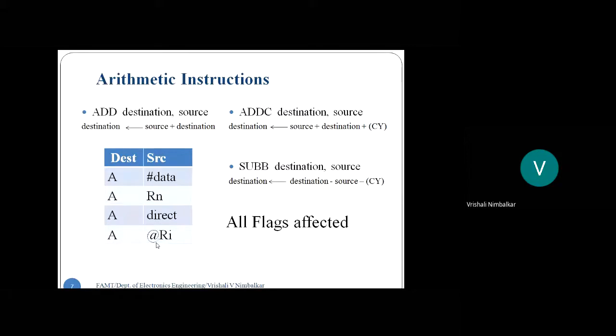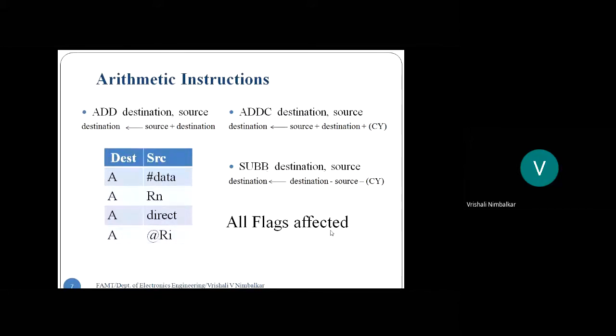So for all these three, ADD, ADDC, SUBB, the destination is always the accumulator and the source is hash data, Rn, direct address or indirect address, pointer register. It's applicable for all the three instructions, ADD, ADDC, SUBB.